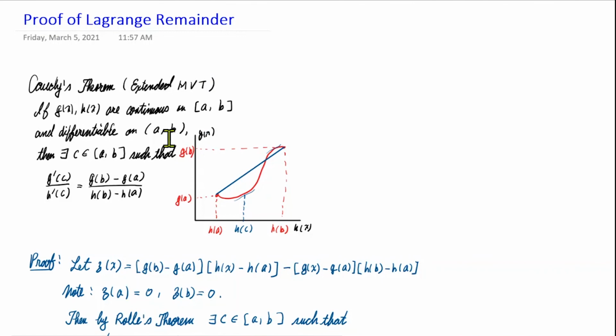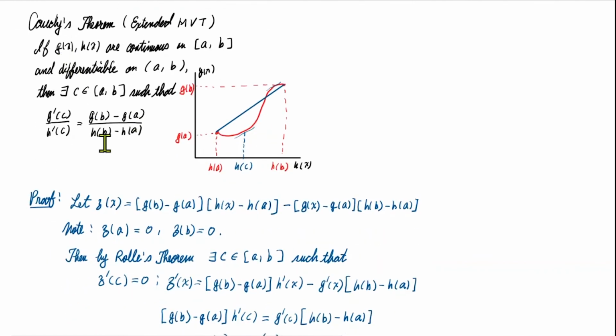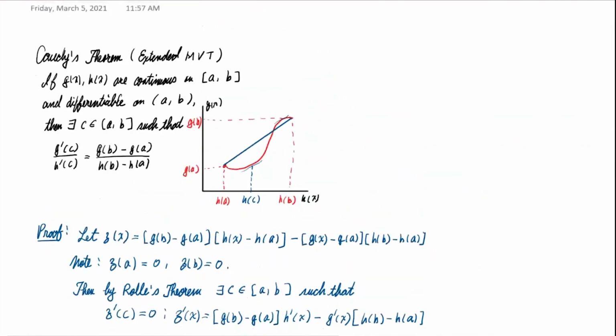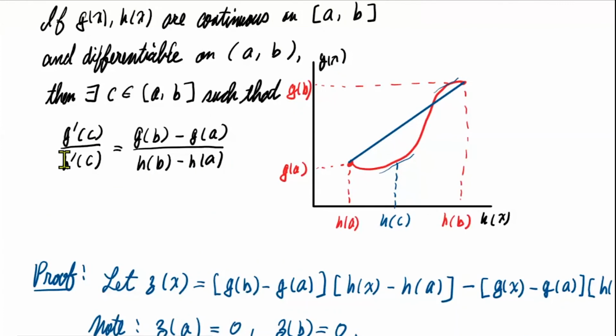So let's review Cauchy's theorem, right? We did the proof the other day to save time. Cauchy's theorem is kind of like the mean value theorem, except that in the mean value theorem you have nothing here, and you have just b minus a here. But I have it against another function.